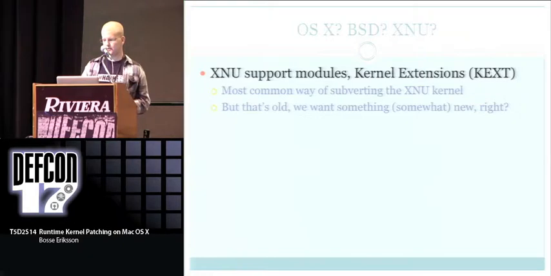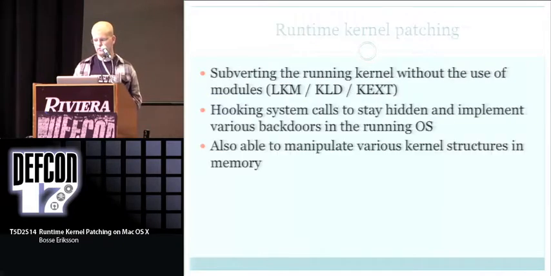But I think that's all that's been done. There was a talk last year at Black Hat by Jesse, I can't pronounce his last name. He did the same thing with KEXTs that works for every new release of OS X. But we're going to skip the KEXT part and we're going to runtime patch the kernel. So runtime kernel patching is basically subverting the kernel without use of kernel modules.